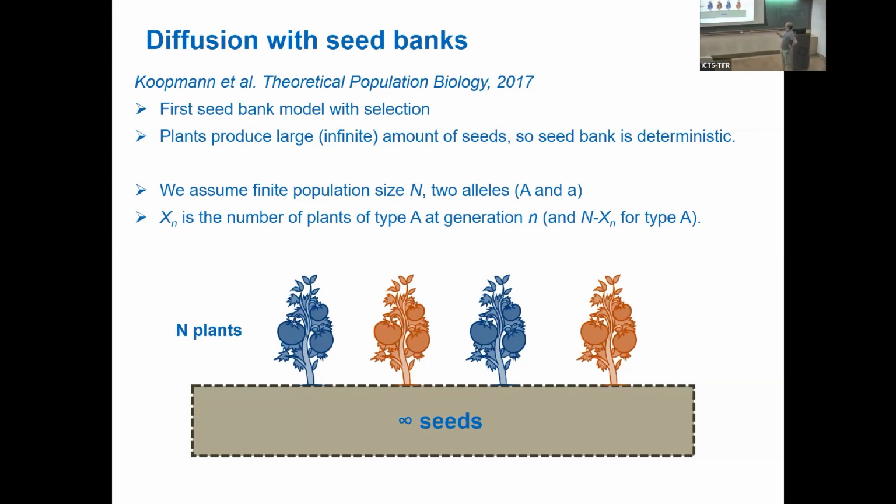So the plants produce a large amount of seeds. We have a population size N, which does not vary, so it's fixed. We have two alleles, and we want to track the number of plants which have this type, for example the allele big A, at any generation.